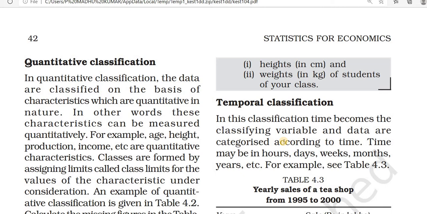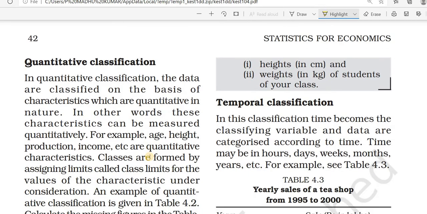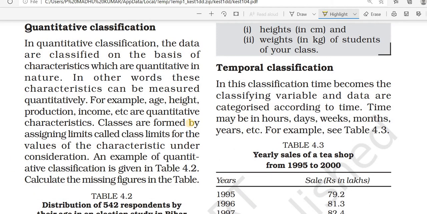We can calculate it in numbers only, like 50, 51, 20, 21, 18. Height, like 5.7, 2.3, 3.7. Production, 12 billion, 10 billion. Income, 10,000, 20,000. This classification is based on quantitative characteristics.